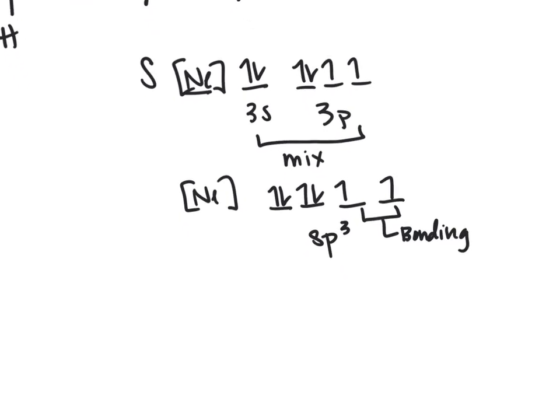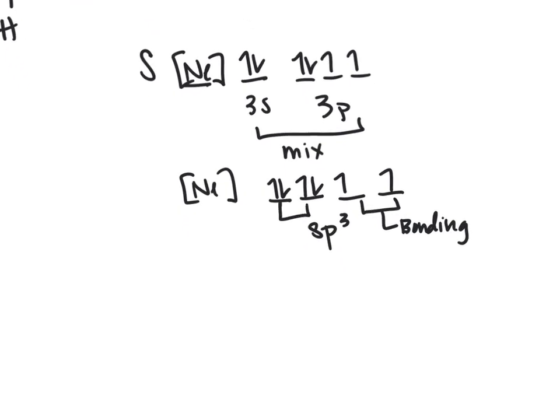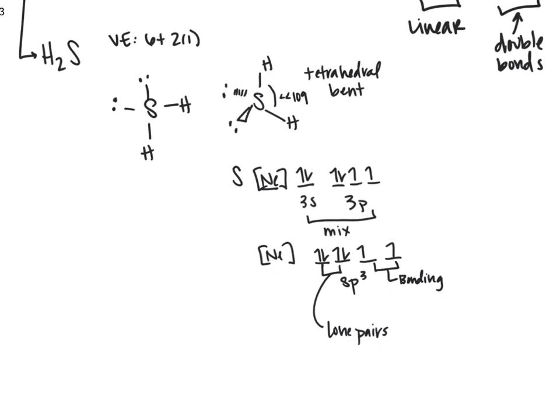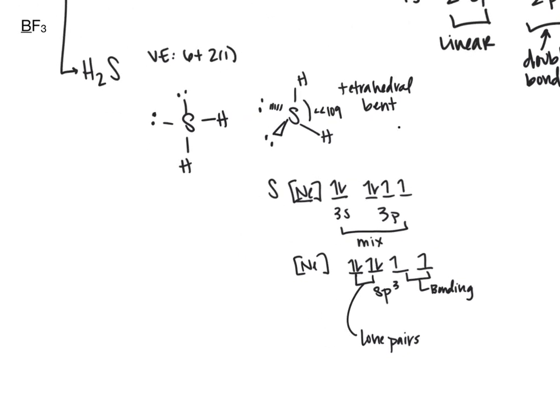Now these 2 filled orbitals, these are our lone pairs. And the lone pairs we know are in the same orientation as these 2 bonds that we're making. So we can see that all of these mix together to create our sp3 hybrid center on this sulfur.